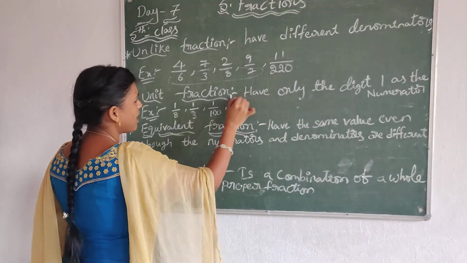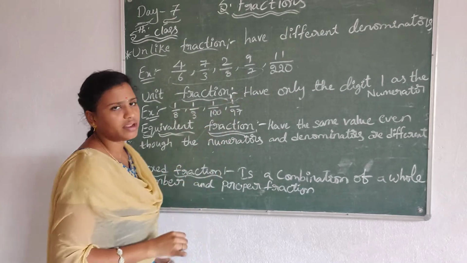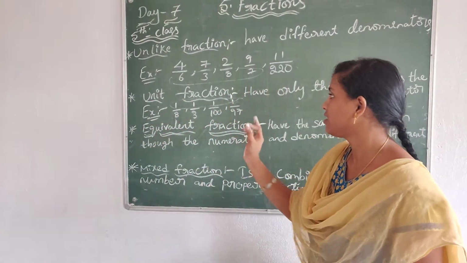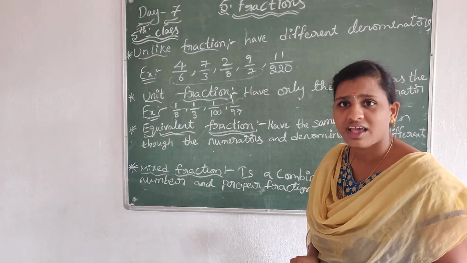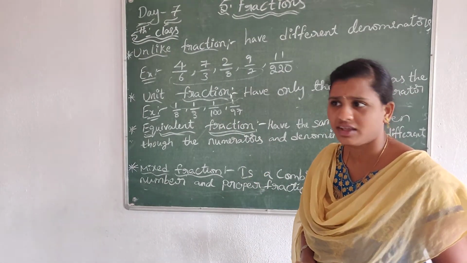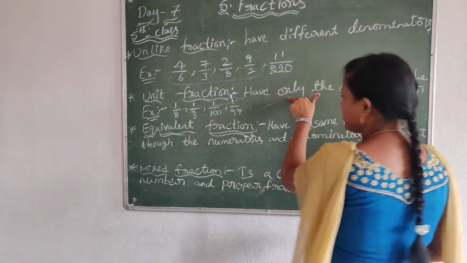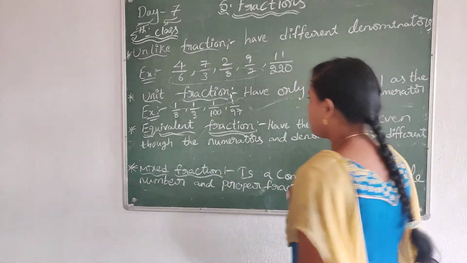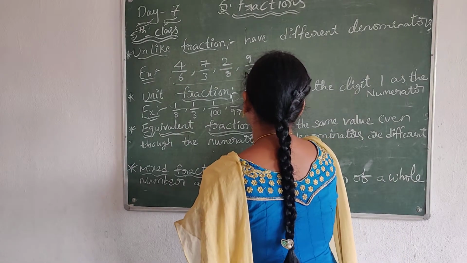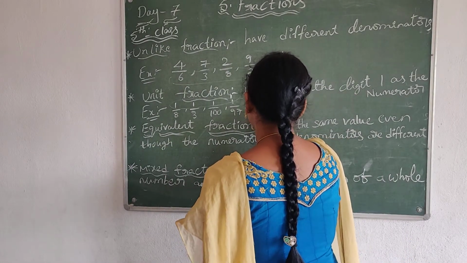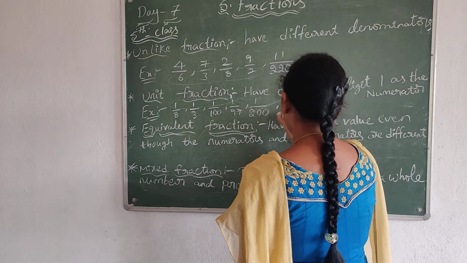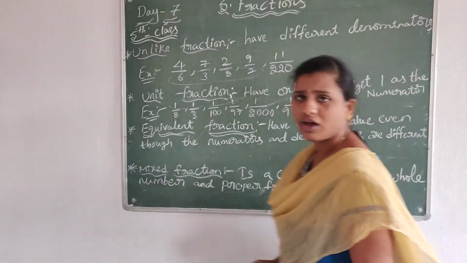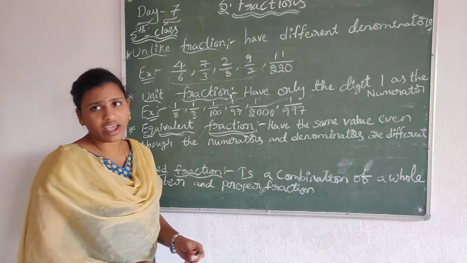See, all the numerators have only 1. If you have fractions like this, they are unit fractions. For example, 1 by 2000, 1 by 997. These all are unit fractions.